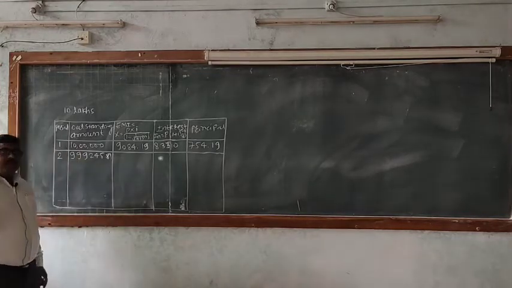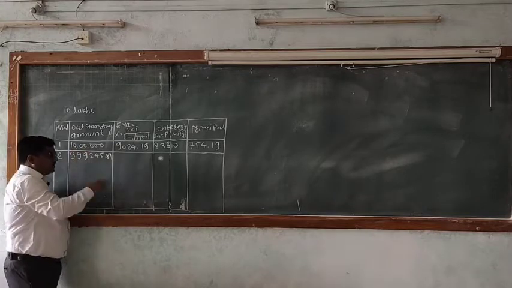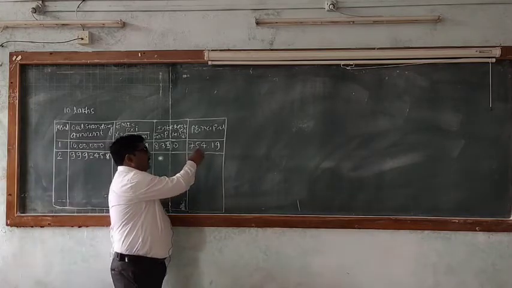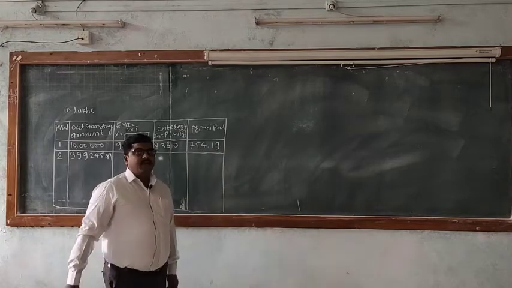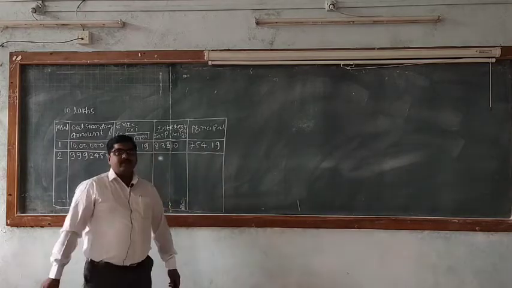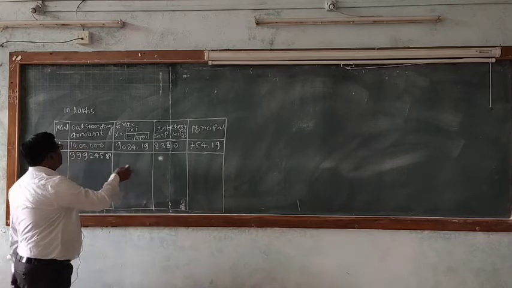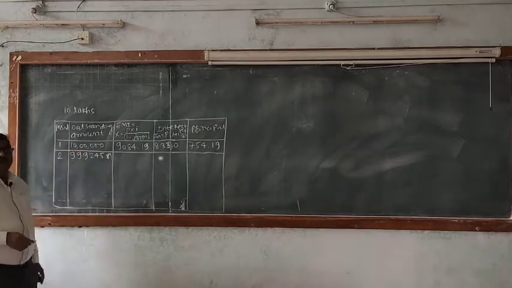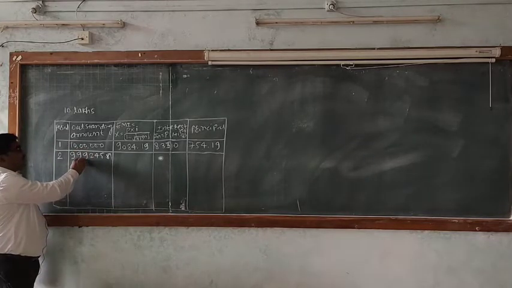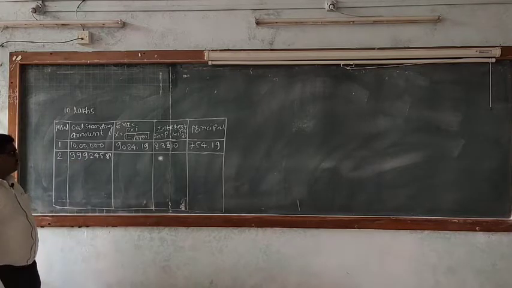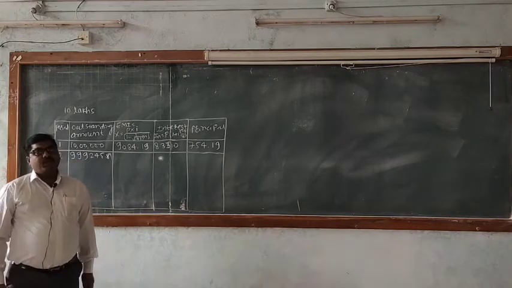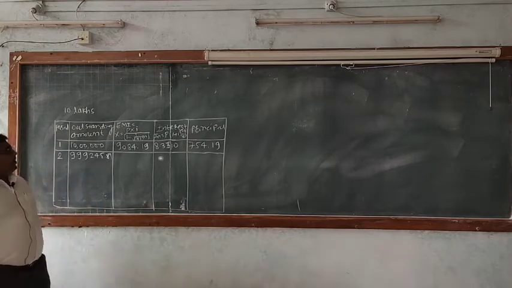First principal is your 10 lakhs. Now in that month principal 754.19 is subtracted. So this principal is subtracted from 10 lakhs. Then outstanding amount is 9,99,245.81.